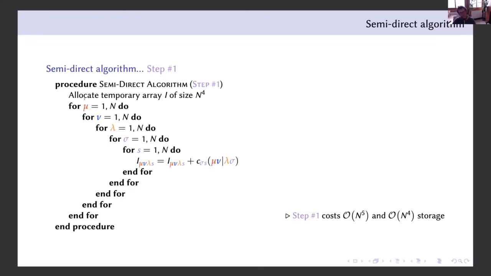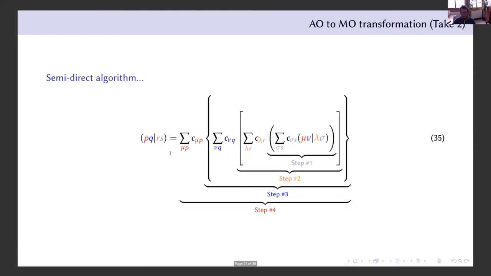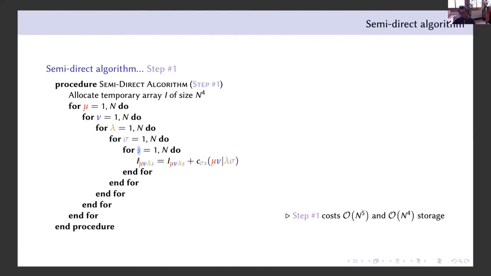So I do a sum over mu lambda nu sigma and just 1 MO index, s, for example, and I'm going to accumulate that quantity in I. So if I write that, it's written like it's n to the 5, okay? Because there are 5 summations, and it's going to cost me n to the 4 in storage, because I need to allocate that array here.